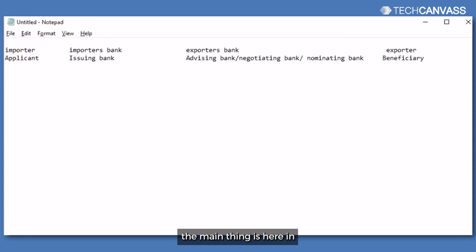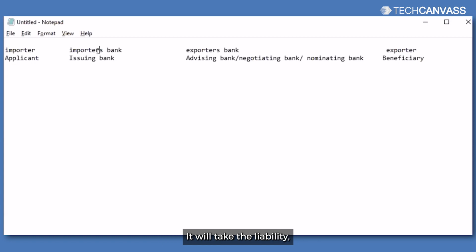The main thing here is that this issuing bank will give the assurance to the exporter that if the documents are clean or compliant, then I will pay the money to you. If the importer is not able to pay it, that kind of assurance will be given to the exporter by the importer's bank.